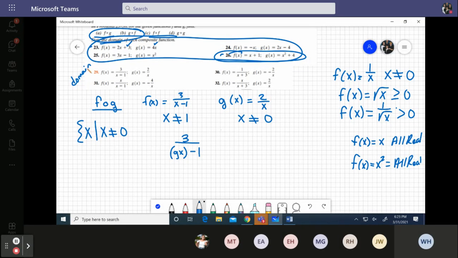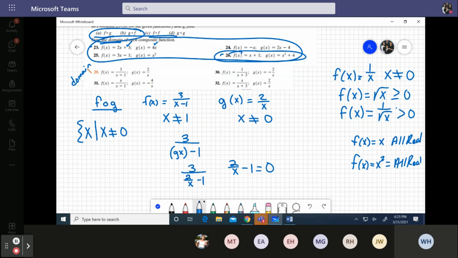If I do my composite function, 3 over 2 over x minus 1, then I've got to set that equal to 0, right? 2 over x minus 1 equals 0.